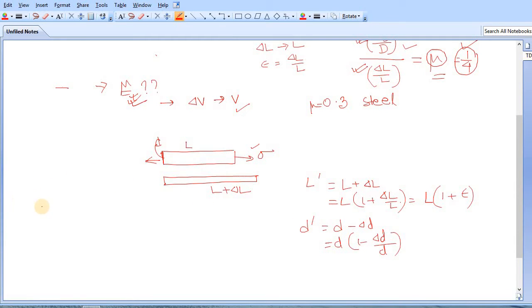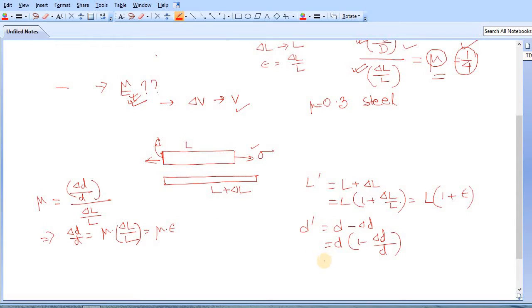You have already learned that Poisson ratio is the unit lateral contraction, small delta d divided by d, divided by the unit axial elongation, delta L by L. From here we can calculate that this is equal to mu times delta L by L, and delta L by L is the strain, so mu times strain.